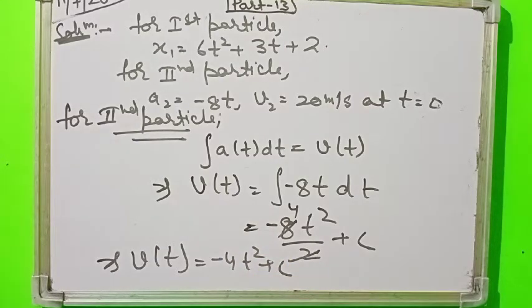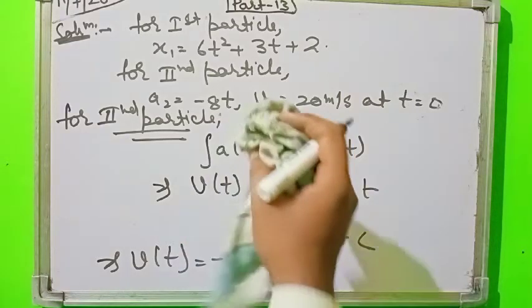But here you have to find the value of the constant. So you will check the condition given in the question, and according to the question v(t) is equal to 20 meter per second at t is equal to 0.